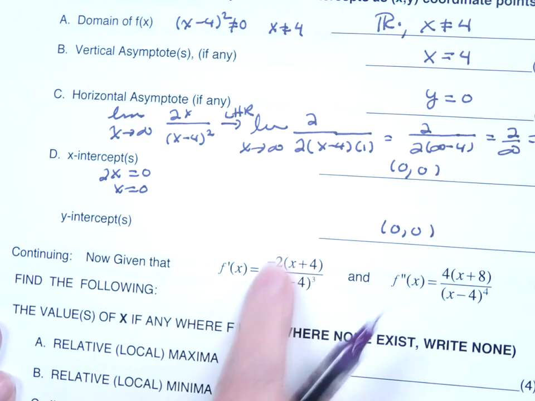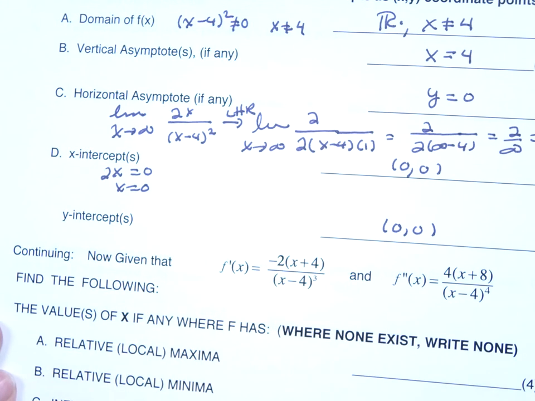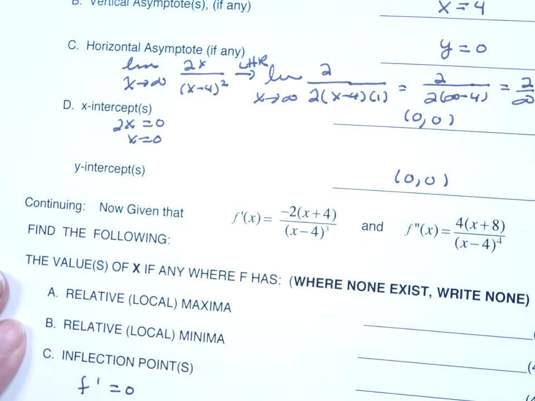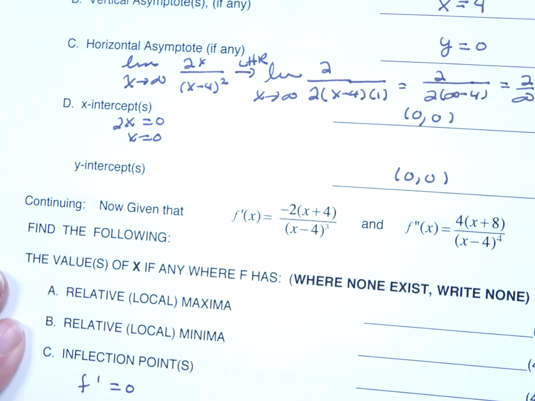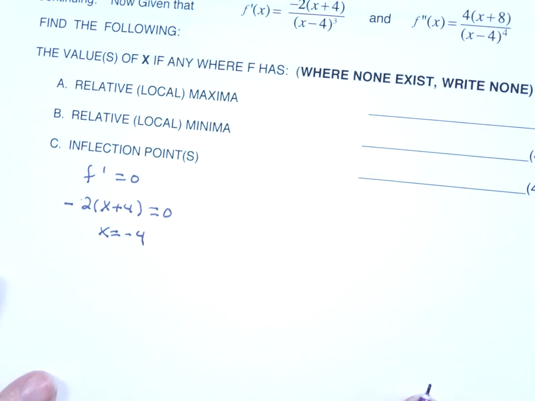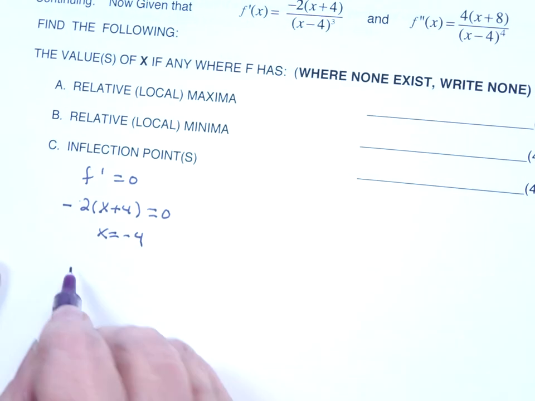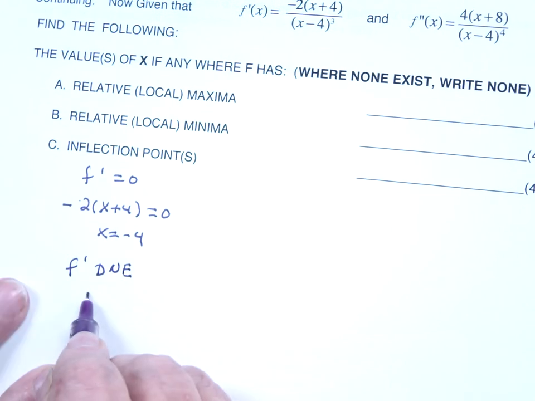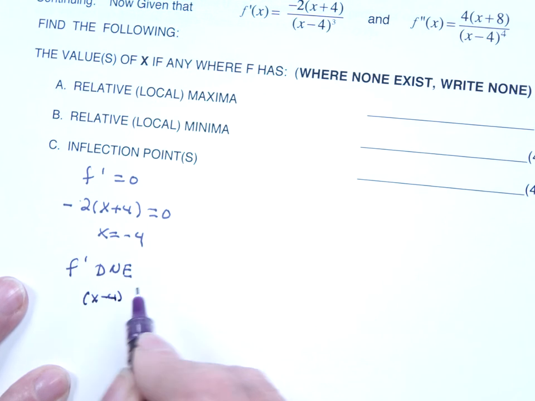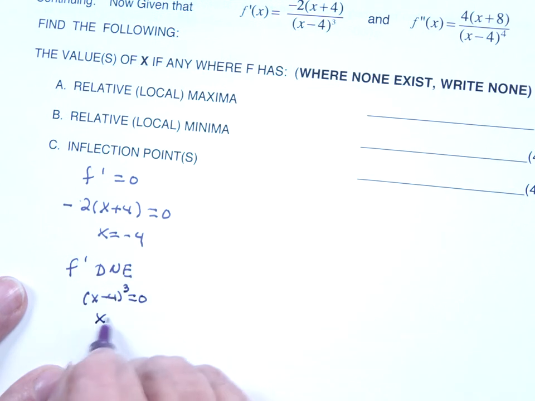Here's the first derivative. And if I take f prime and set it equal to 0, this is where -2 times (x + 4) equals 0, or x is -4. Oh, sorry. And where f prime does not exist, this is where (x - 4)³ equals 0, or x equals 4.